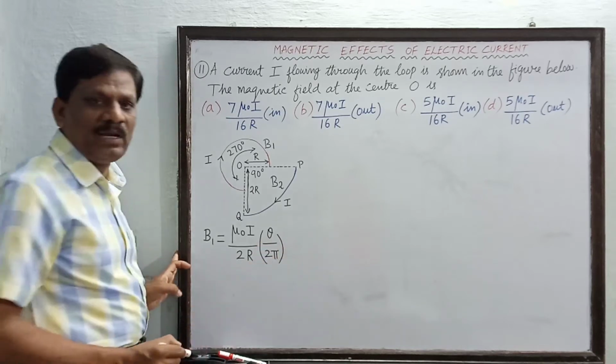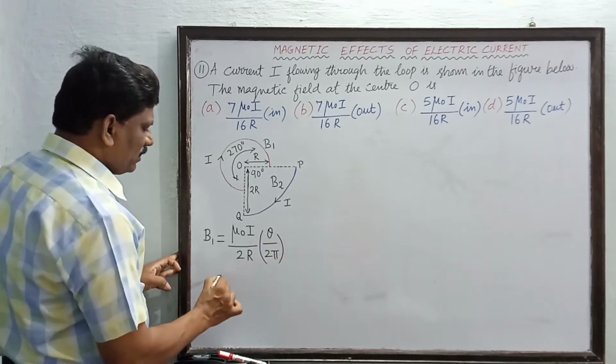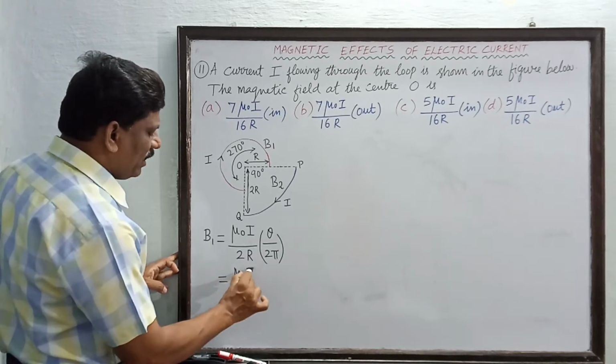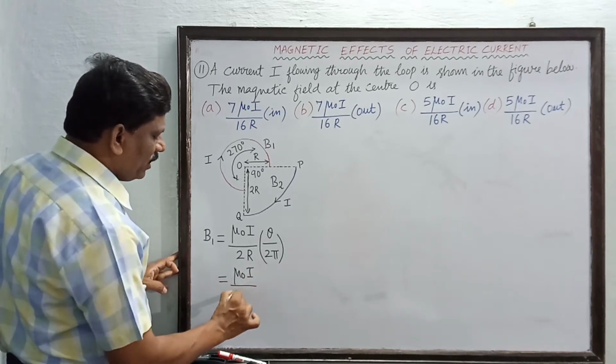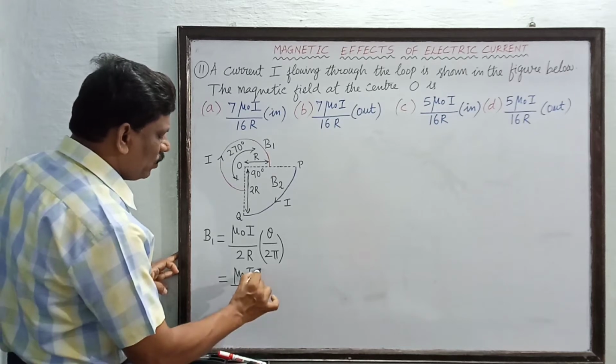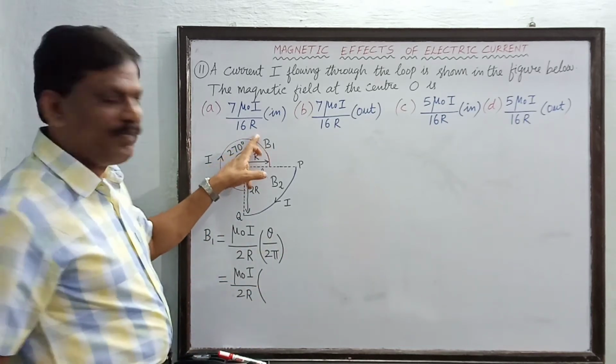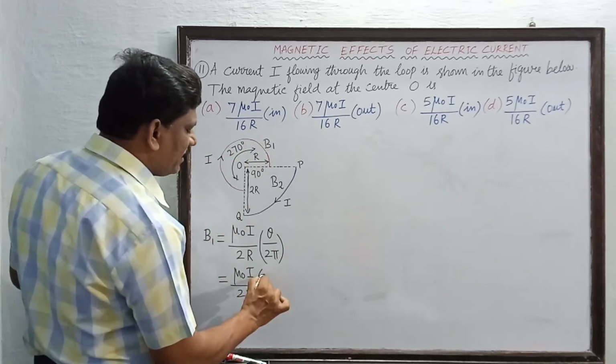This is the general formula. So this is now equal to mu naught I divided by 2R into theta, where theta 1 is 3 pi by 2.